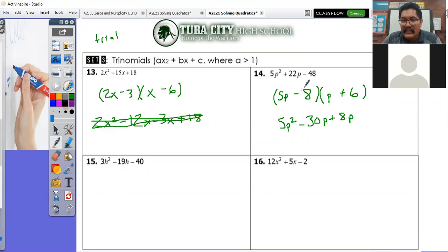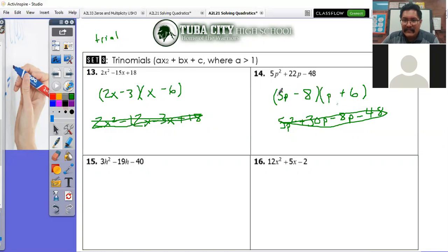So all I did was switch them, positive and negative, and that should work out a lot better. So let's see, 5 times 6 would be positive 30p and negative 8p. So now we have 30 minus 8, which is positive 22. And they do multiply to negative 48. So there we go.